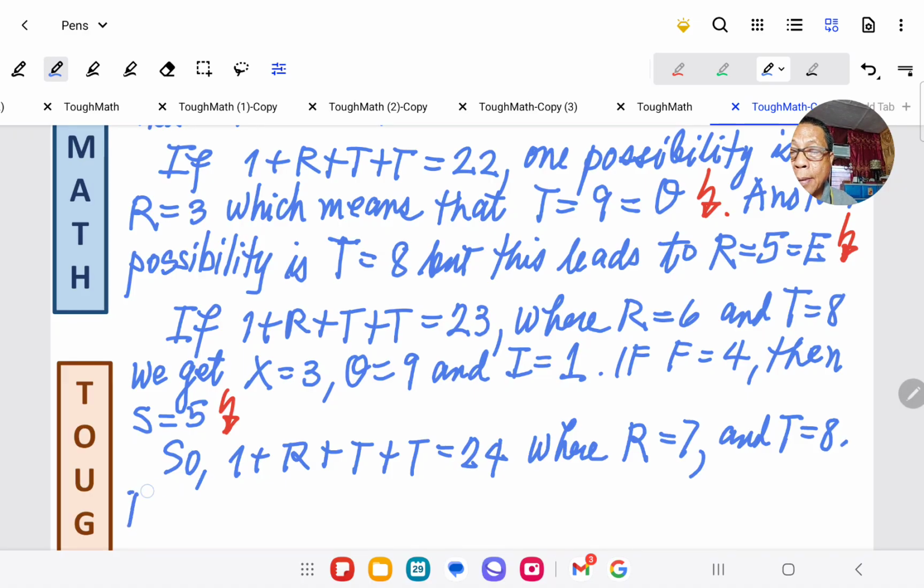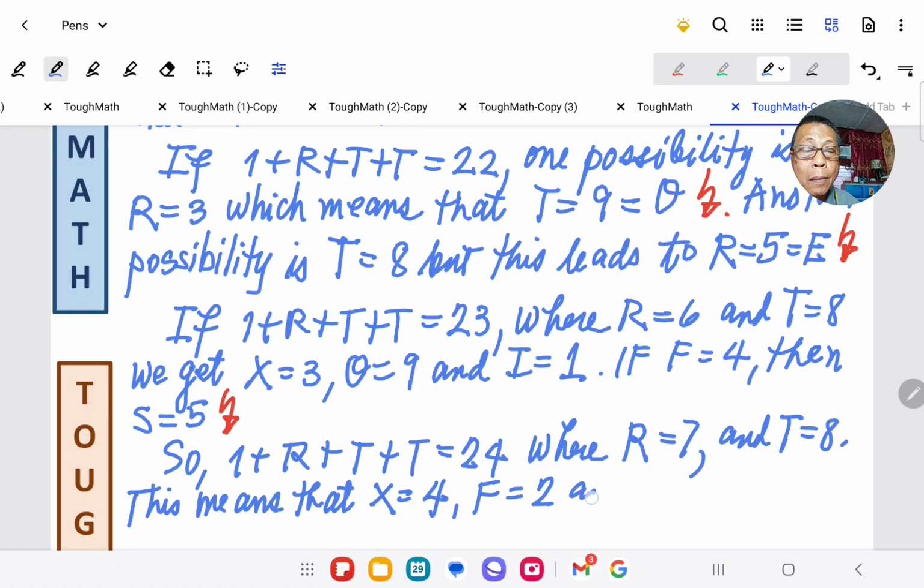This means that X equals 4, F equals 2, and S equals 3.